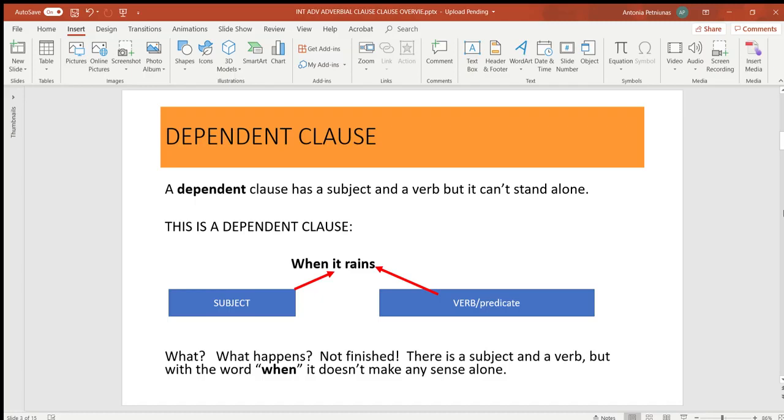What does that mean? It is a subject. Rains is a verb, but when we add this word when, it can't be alone. It is not a sentence. Not finished. What happens when it rains? Okay, that's a dependent clause.